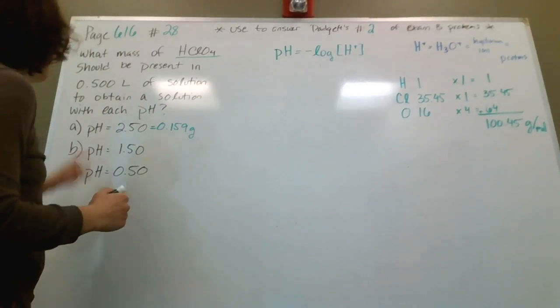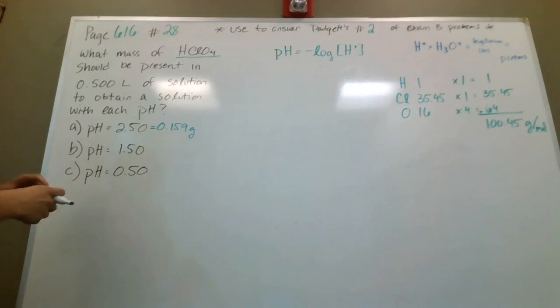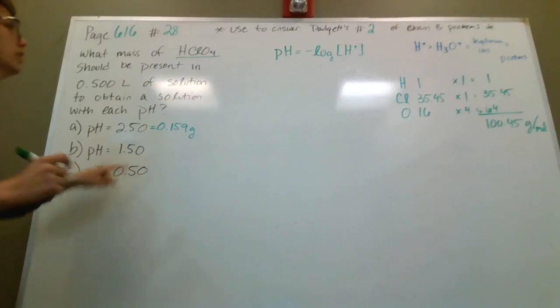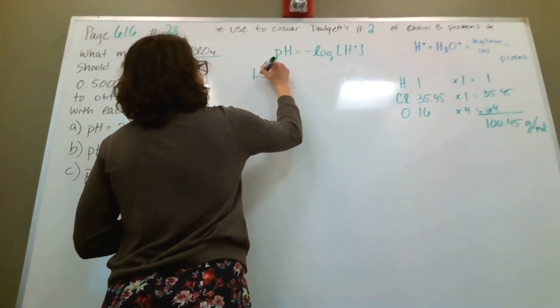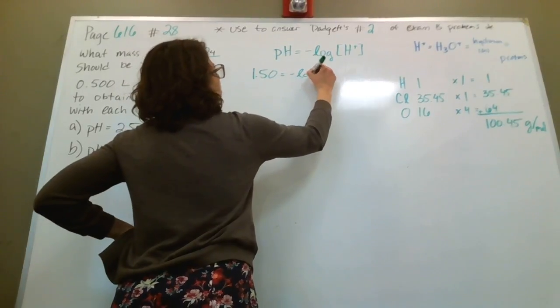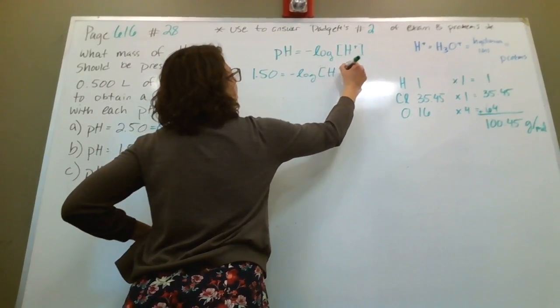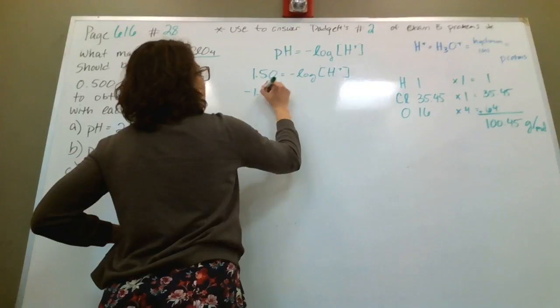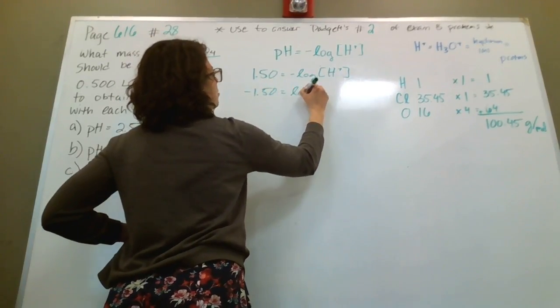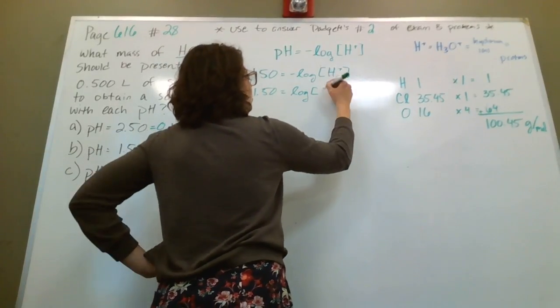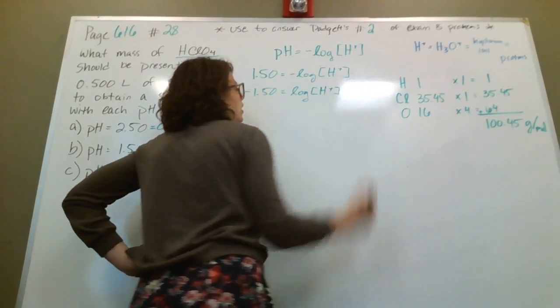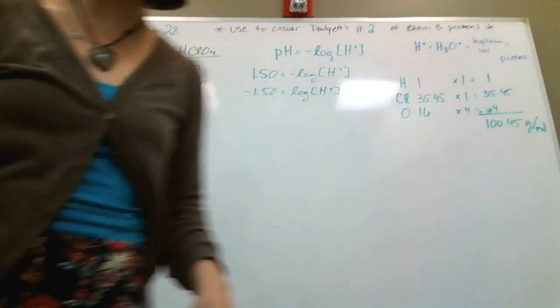Okay, so now let's do B. pH is 1.50. So we'll do it the exact same way. 1.50 equals negative log of H plus. I'm going to rewrite this by multiplying the entire equation by negative 1 to get negative 1.50 equals positive log of the hydronium ions or protons concentration.